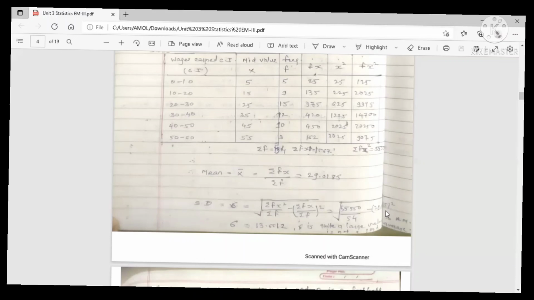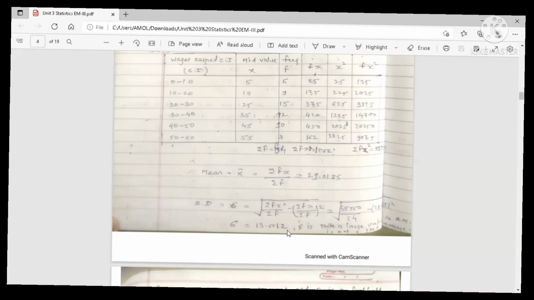You take the square of this term, and summation fx square is 4350 upon summation f is 54. So you just do the calculation of this term and sigma is 13.6612. It is a big value, 13.6612.